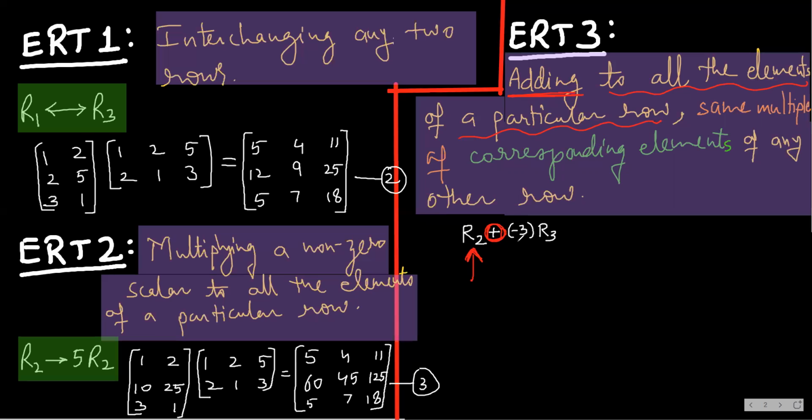I'm adding minus 3 times the elements of any other row, which is R3. And dear students, when I do this, wouldn't the R2 elements change? Yes. So I will write R2 changes to R2 plus minus 3 R3.